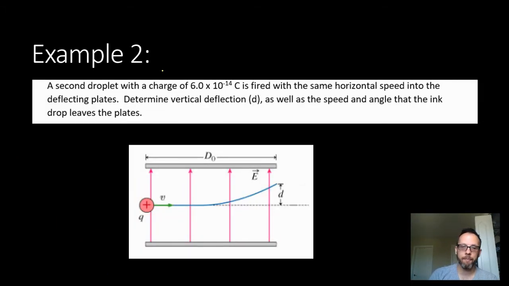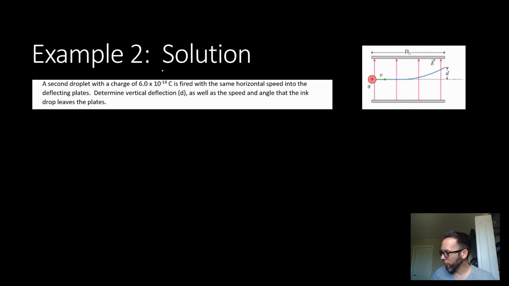Well, let's find out. So some things are actually the same with this question that we don't really need to redo. For example, Vx, same speed. And because it's the same speed and the same plates, we're going to use the same time, 0.0015625. It's the same as the previous question.